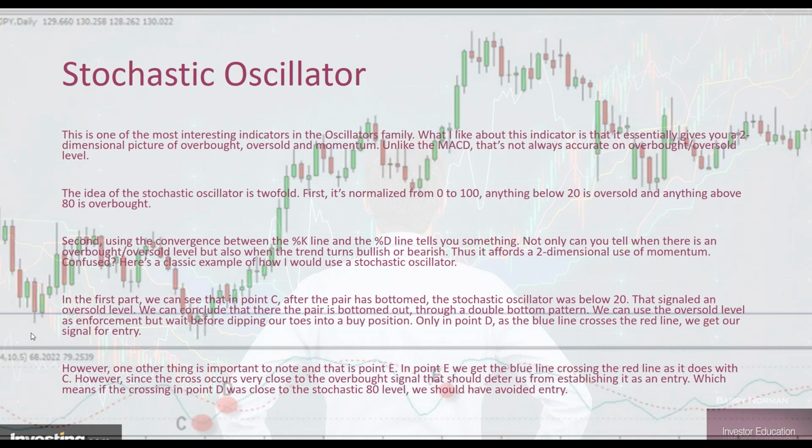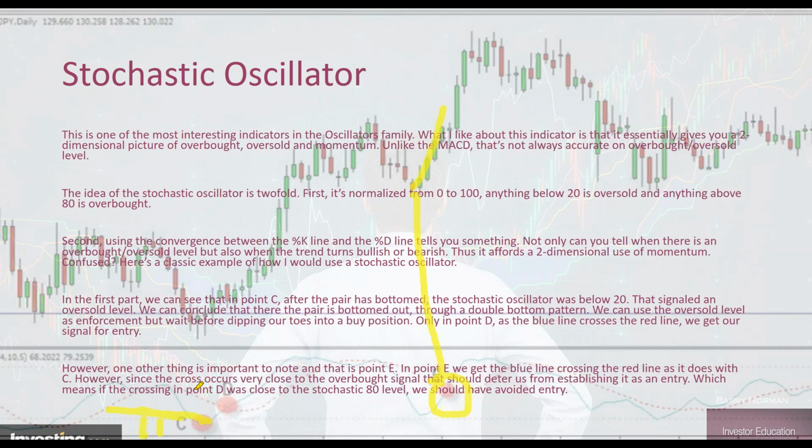So what we see here in E, when we had C, it was below our indicator line, so it was down in the oversold range. When we have the indicator here at E, it is not. So even though we have the crossover, it's not giving us a strong enough indication, and it was a false signal because look what happened in the marketplace.